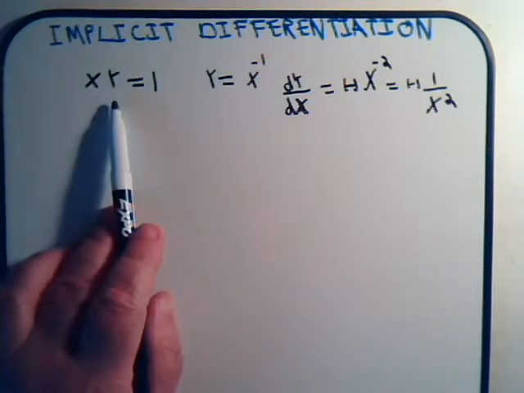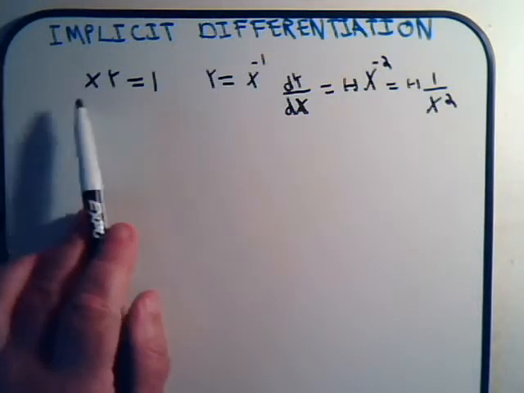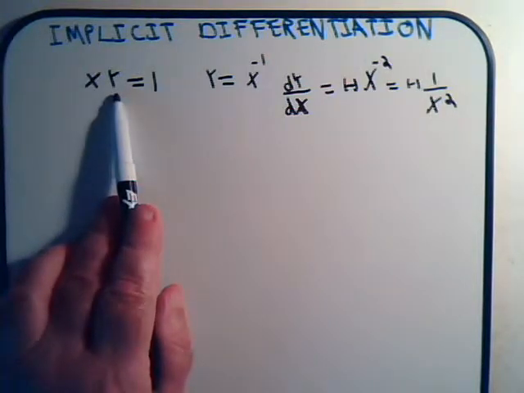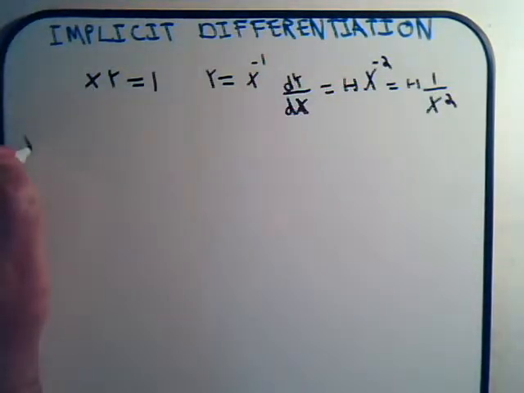solve this for dy/dx using our method of implicit differentiation. And here we have a product of two variables. So it's going to be y times this derivative, and we're taking derivatives now with respect to x.